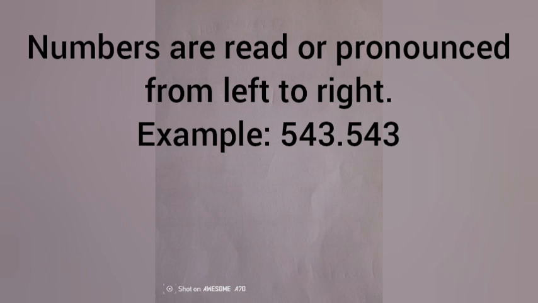Here note that after the decimal point, you are expected to consider every digit as units. Hence, you pronounce them one after the other. 543.543.